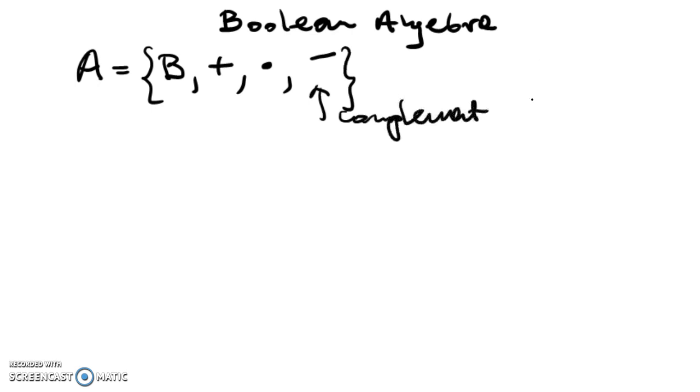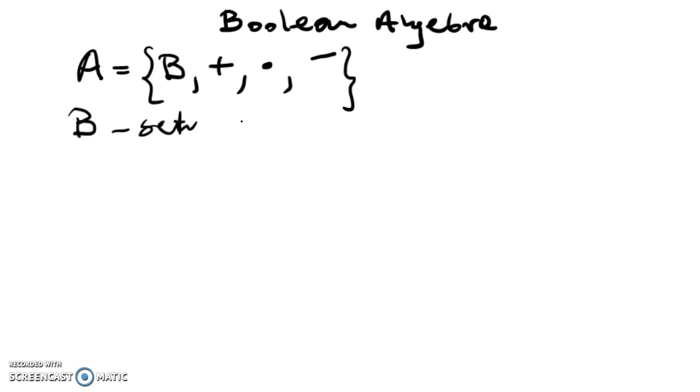It is almost the same as "it is not true that" in the sentence calculus, but in this definition I will call it the complement operator. And B is a set of two or more elements.